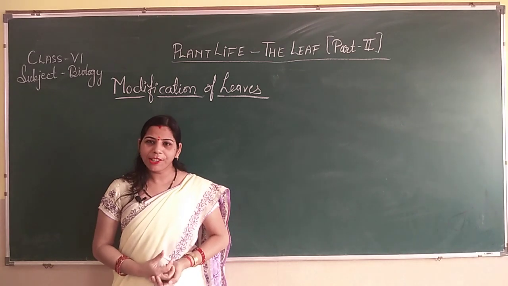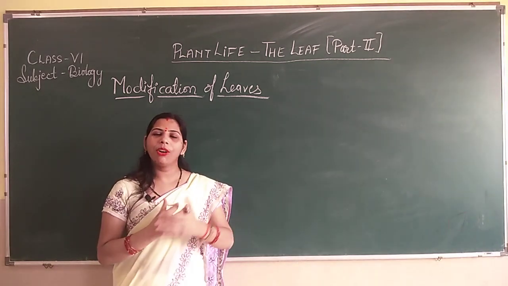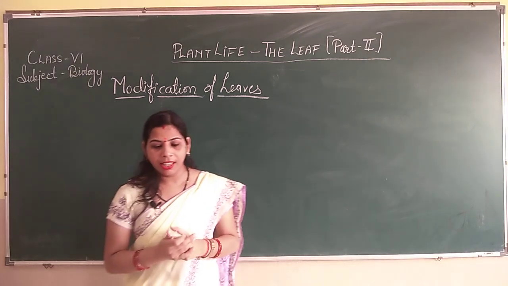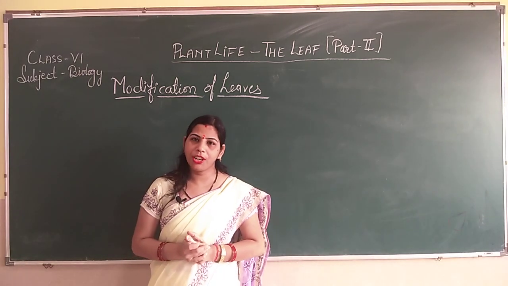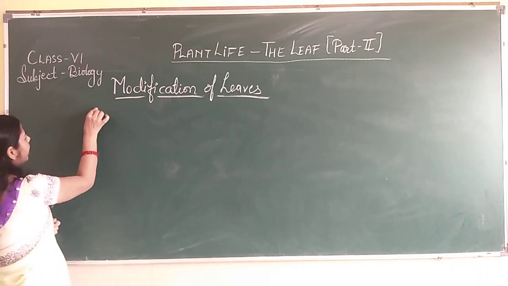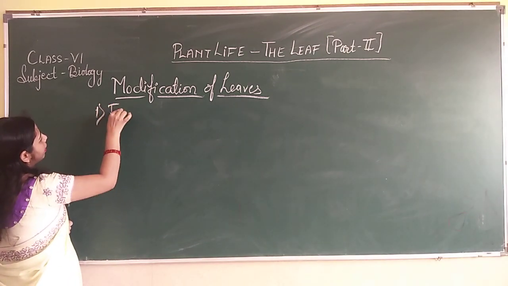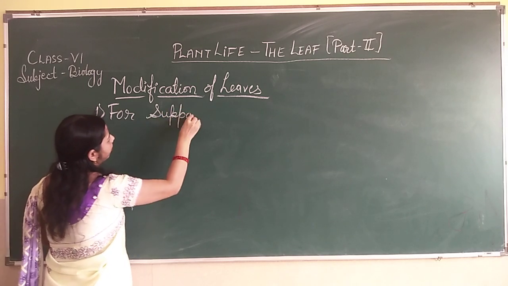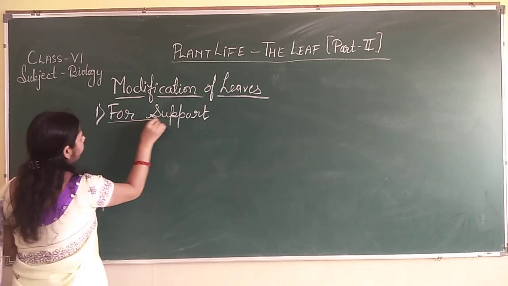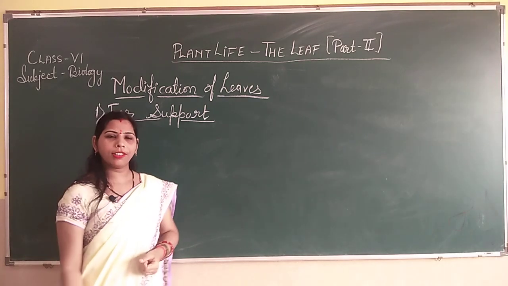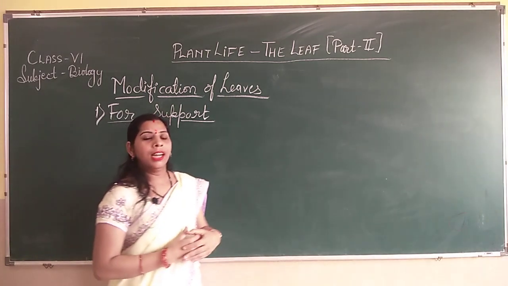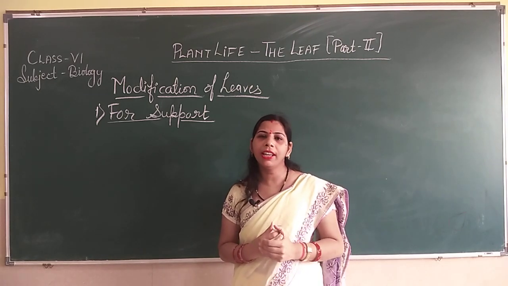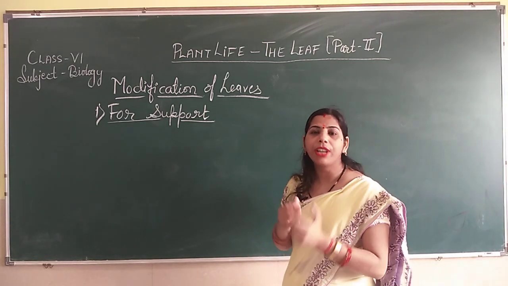So the first modification that you have also observed around you is the leaf modification for support. Now what is for support? Some plant leaves are modified into leaf tendrils.